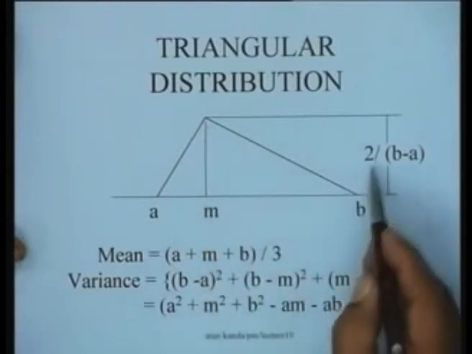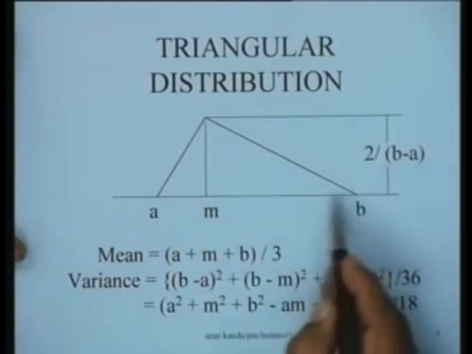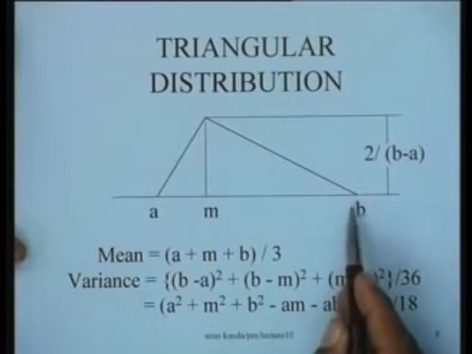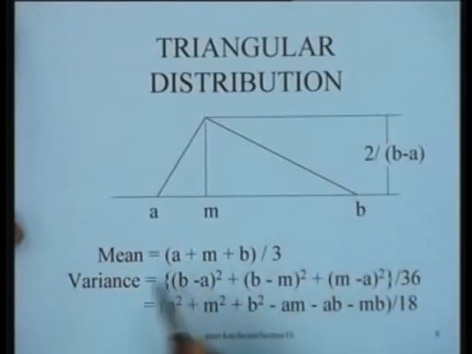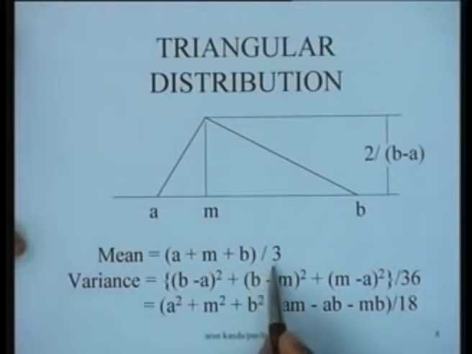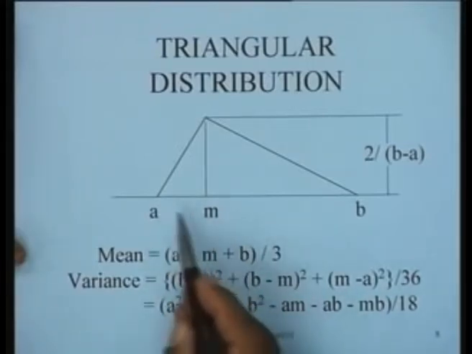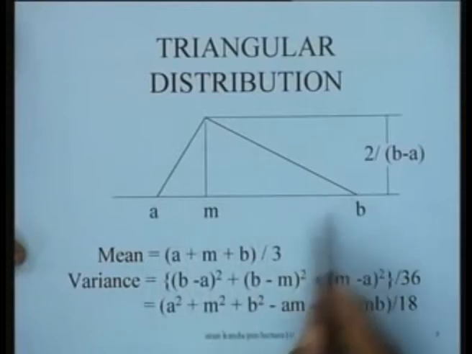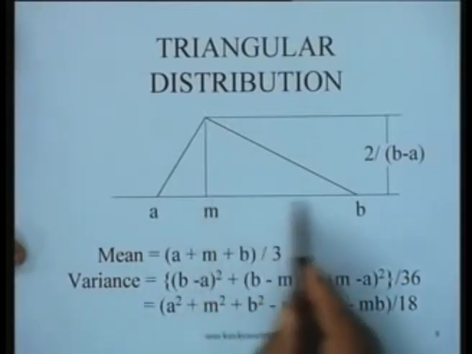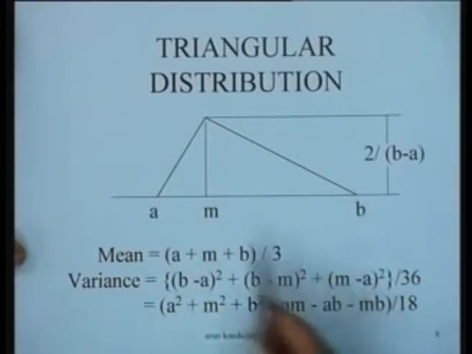This height would be equal to 2 over b minus a, because the entire area must be 1. And consequently, the mean of this distribution is a very convenient simple formula: a plus m plus b by 3, just the simple average of the 3 values. And the variance of this distribution can be computed as the sum of the squares of b minus a, b minus m, and m minus a.